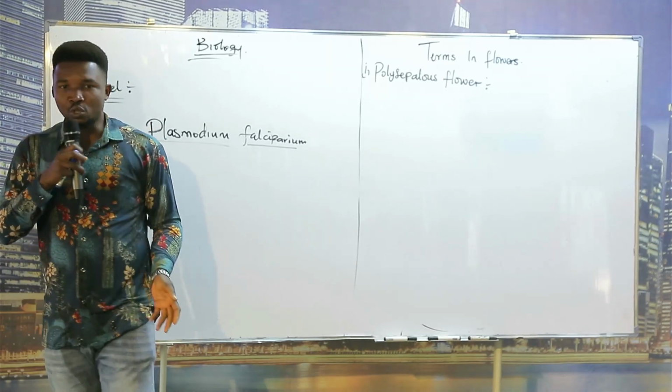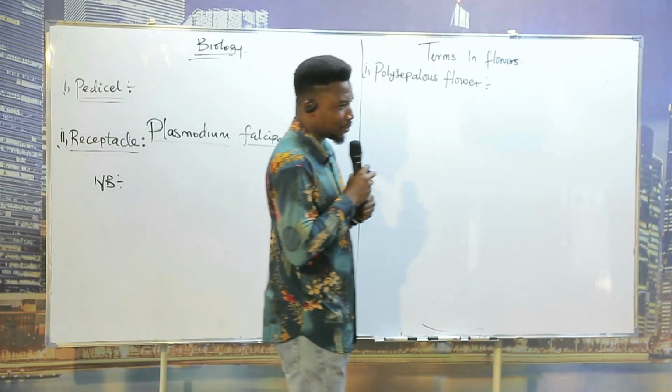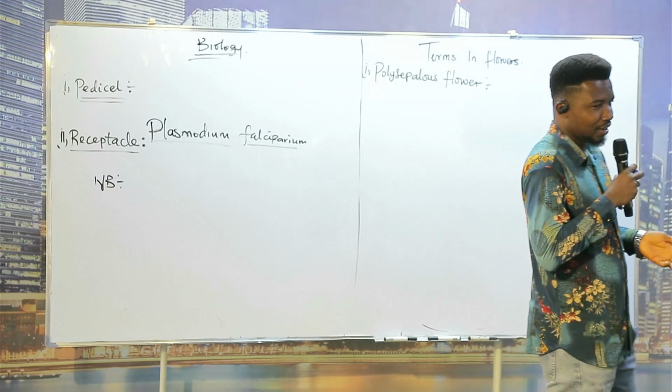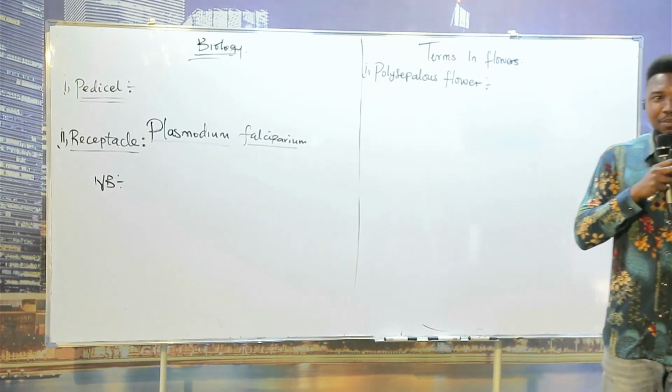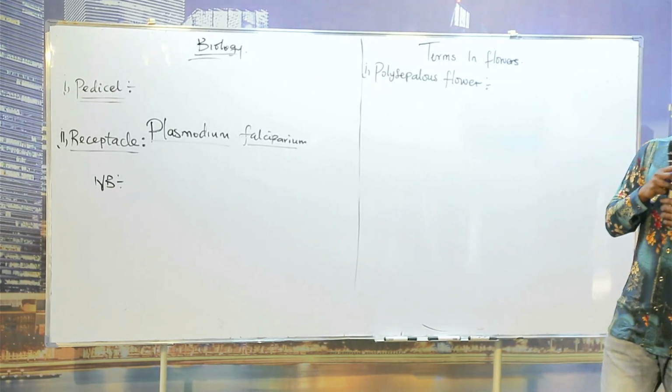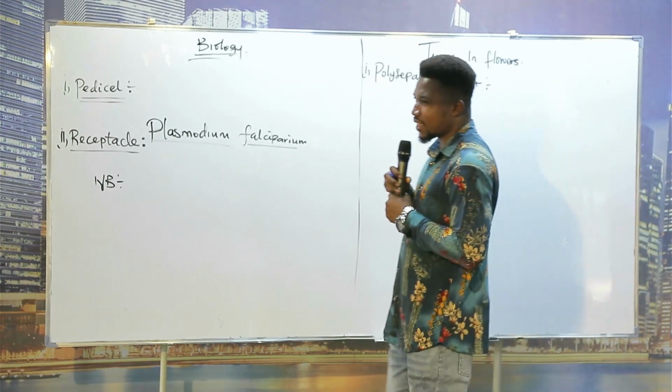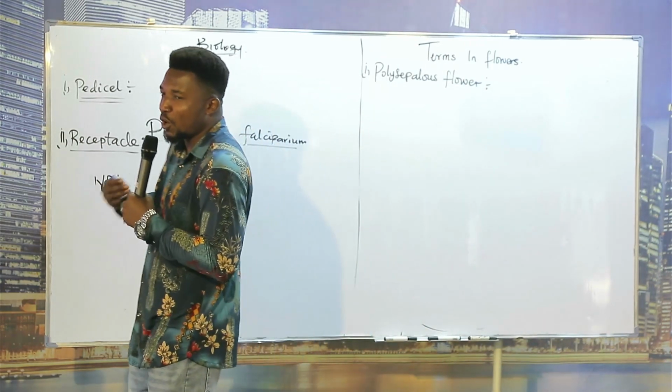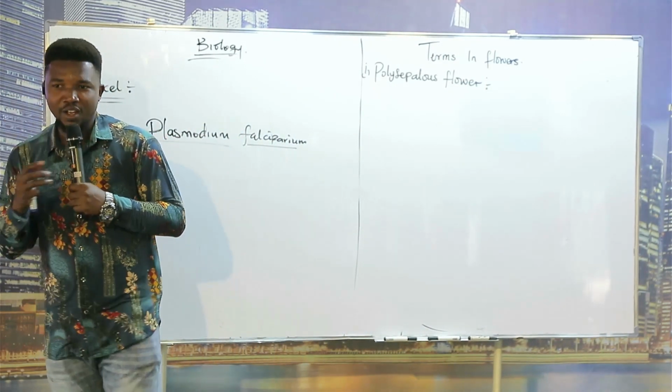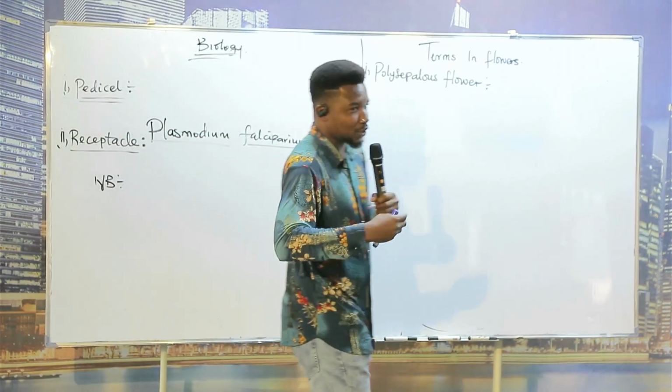Just like I told you, biology is very simple if you want it to be simple for you. With the prefix and suffix, you can be able to determine what it is. Although you might not be 100% sure, at least you will get somewhere.